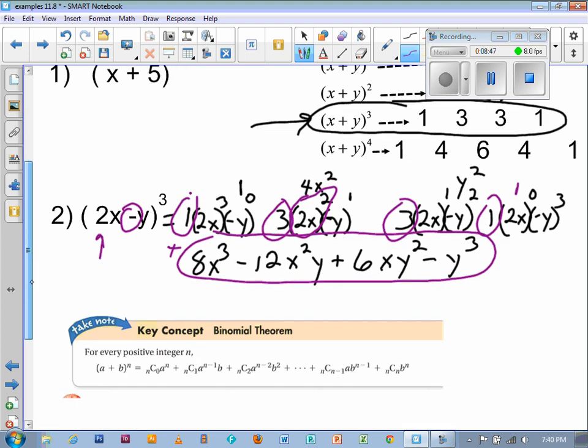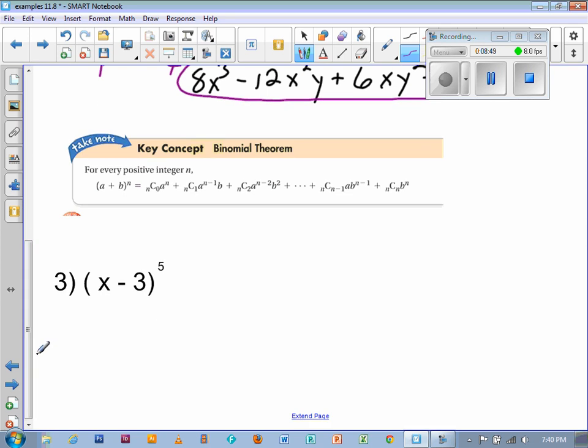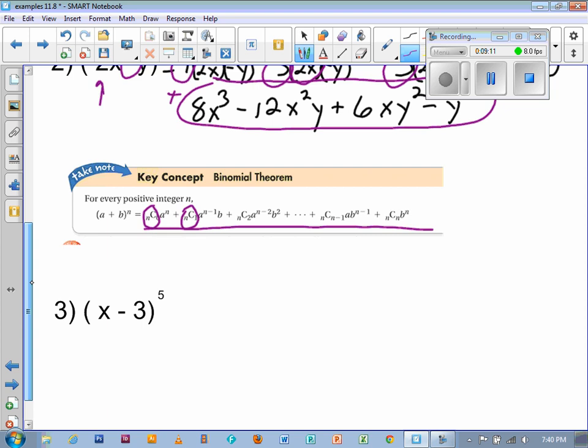Now what I'd like to do is show you how to use the binomial theorem. Now what we're going to do is expand x minus 3 to the 5th power. It's very similar to Pascal's triangle. The only difference is you use this formula, and the combinations here are basically what we're going to use to create the numbers that come to us from Pascal's triangle.